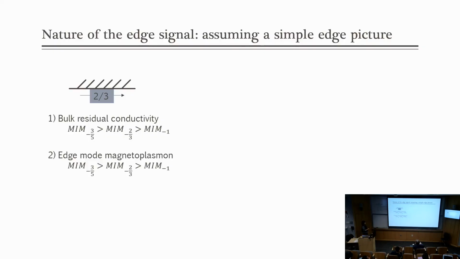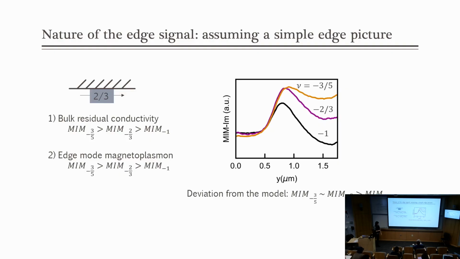Then we can calculate what it means for different states, -1, -2/3, -3/5, because we know sigma xx in the bulk, so we can see the relationship between them. Similarly, we can calculate through the charge the resonance frequencies of these. Then comparing with our results, we found that there are discrepancies between this calculation and the actually measured MIM magnitude, which shows some deviation from the model.